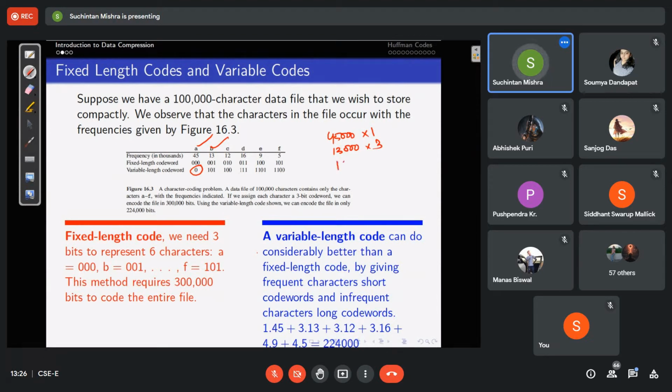C is occurring 12,000 times, 3 bits are required. D is occurring 16,000 times, 3 bits are required. E is occurring 9,000 times, and 4 bits are required. F is occurring 5,000 times and 4 bits are required. Tell me the total number of bits if a variable length code is used.